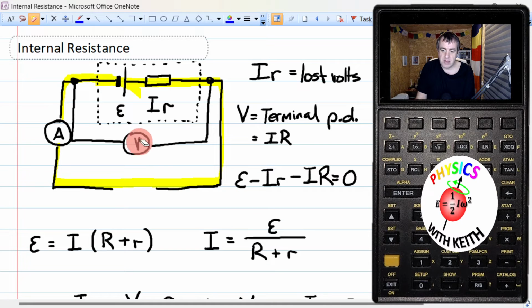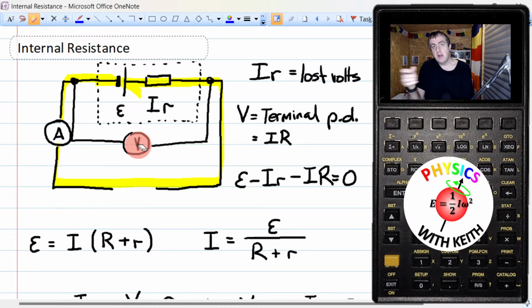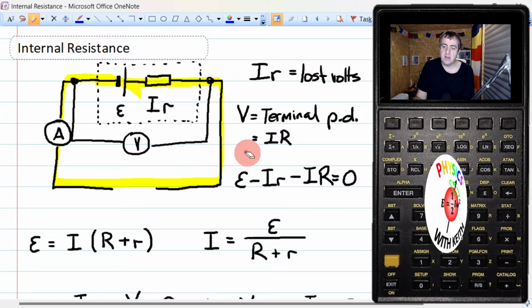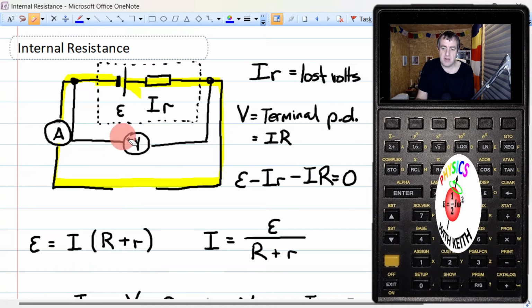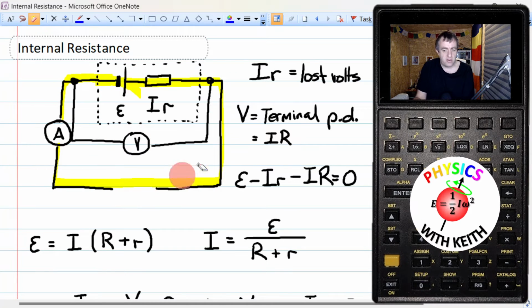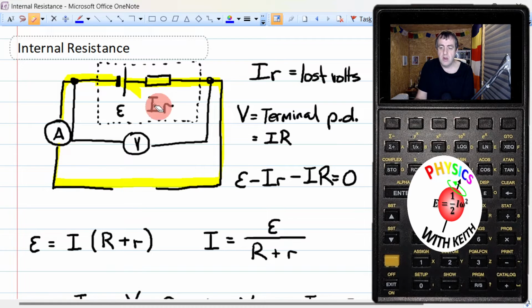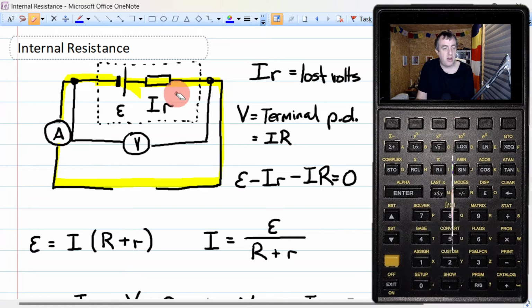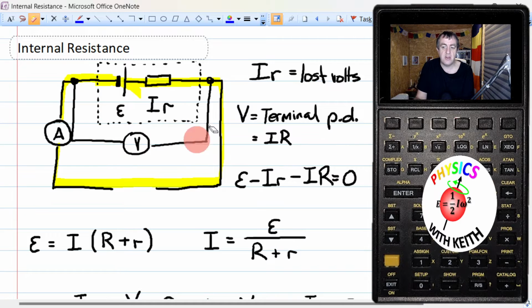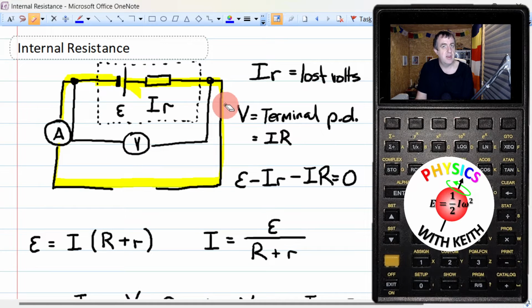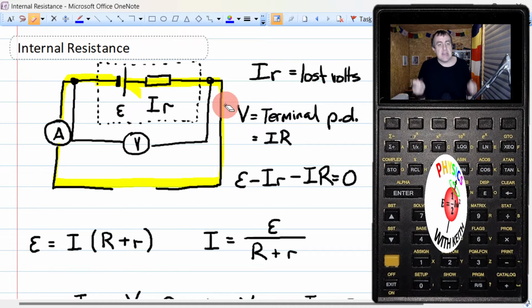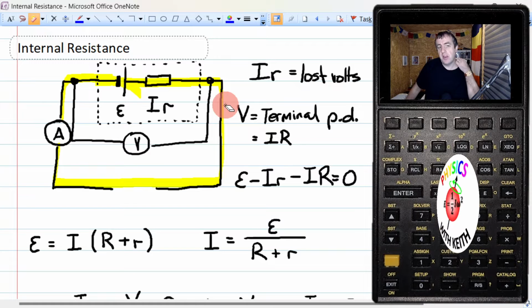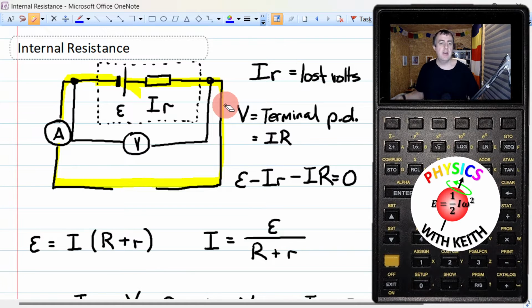Clearly, if I add a voltmeter with a small enough resistance such that some current passes through it, that's going to reduce the resistance of the circuit overall, increasing the current, increasing the lost volts, and decreasing the terminal potential difference. So actually adding the voltmeter changes what the terminal potential difference would be.